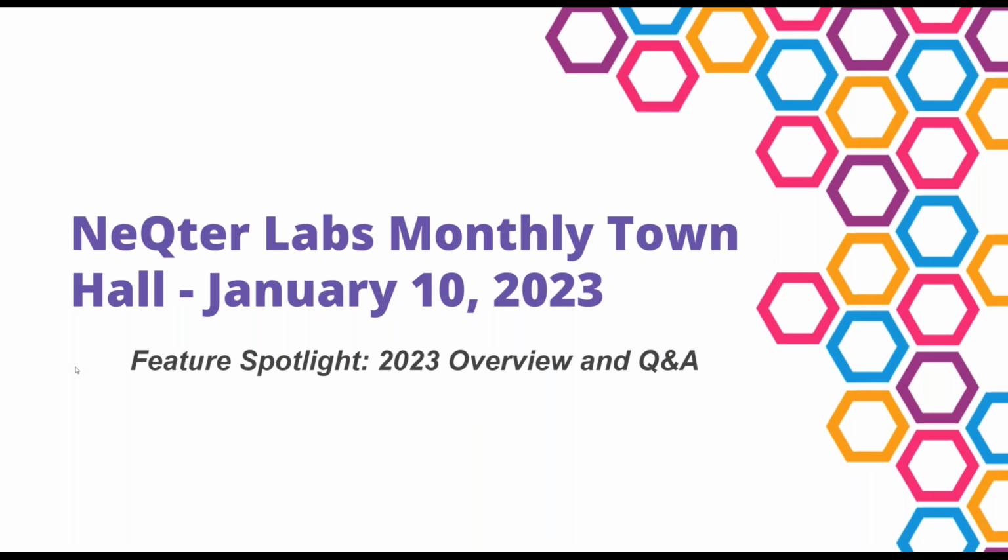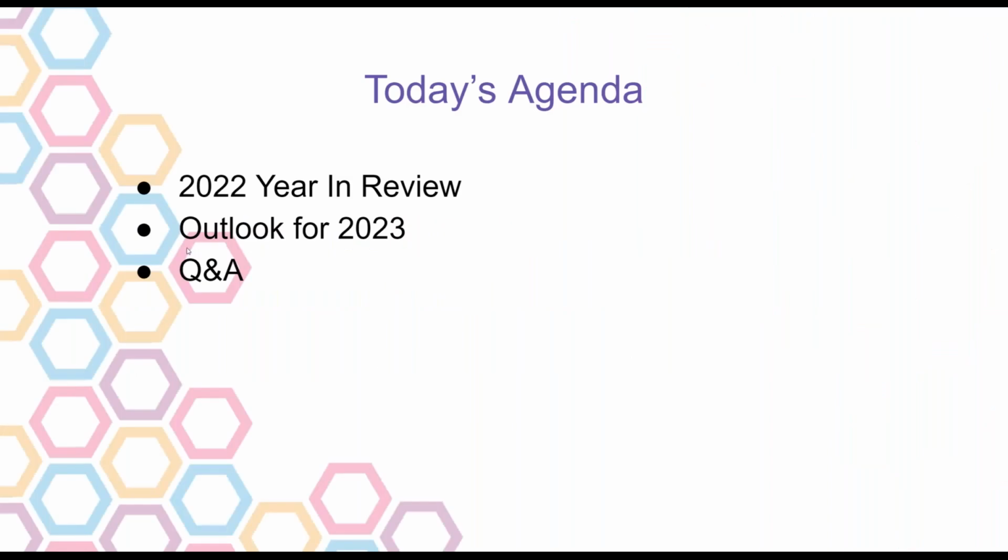And talk through everything. So we're going to do a year in review of 2022. What I like to do is walk through all of the major updates that we had and things that we added, and then of course if there are any questions surrounding any of that.